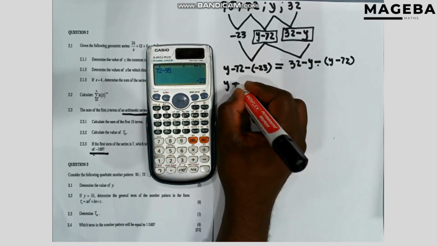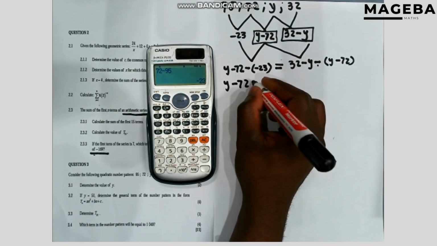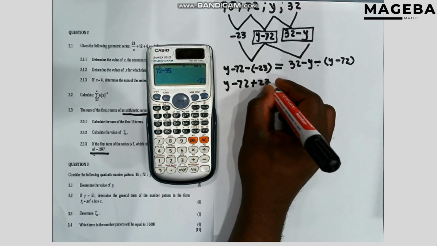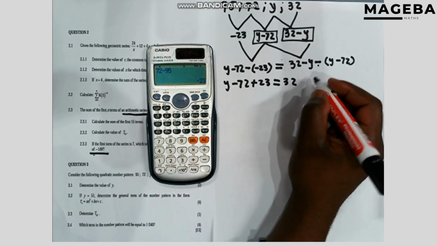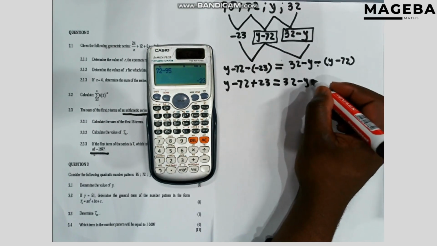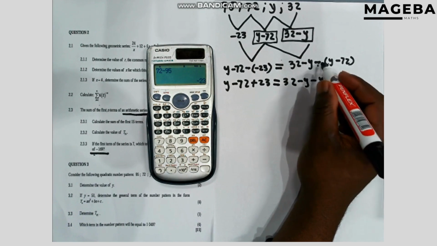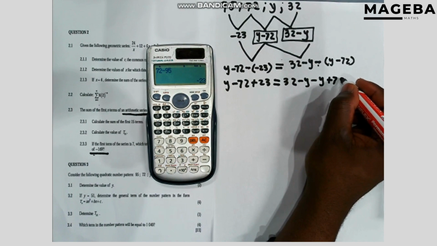Now let's simplify. It's y, negative 72. Negative times negative is positive, so we get positive 23 equals 32 minus y. This times this is negative y, and this times this is positive 72.